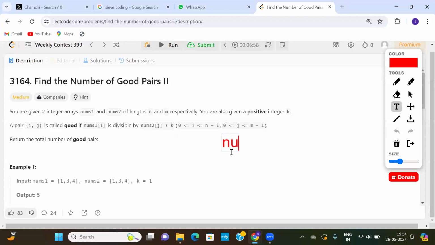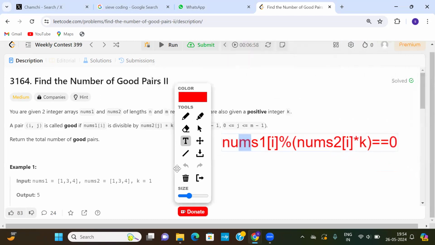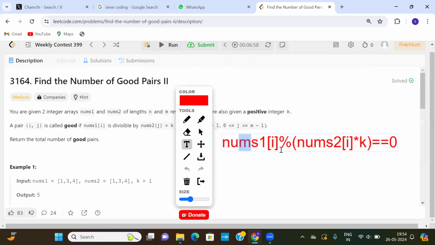The condition is that nums1 at index i mod nums2 at that particular index, multiplied by k, should be equal to 0. If this condition is satisfied, then that particular pair is a good pair.